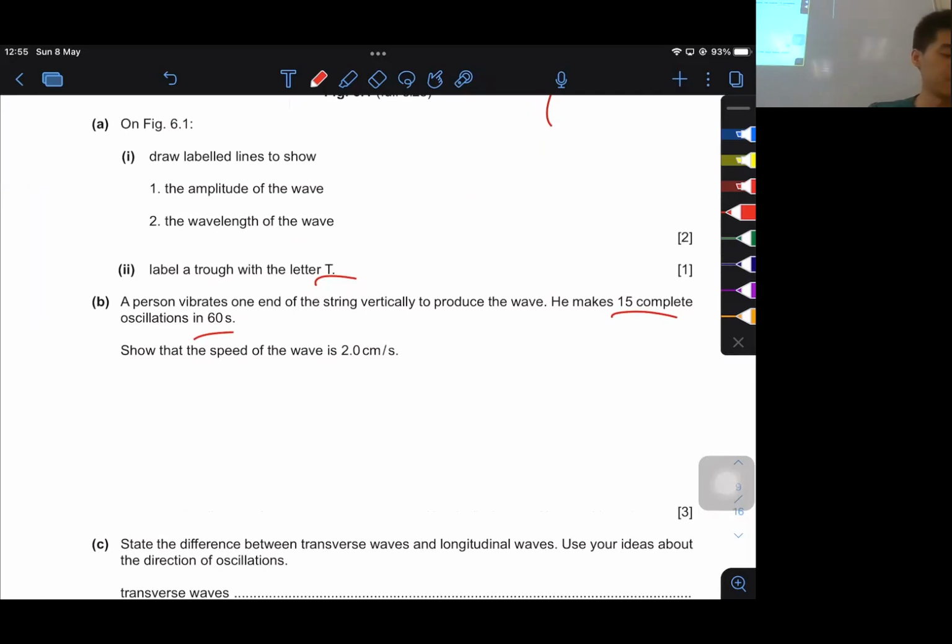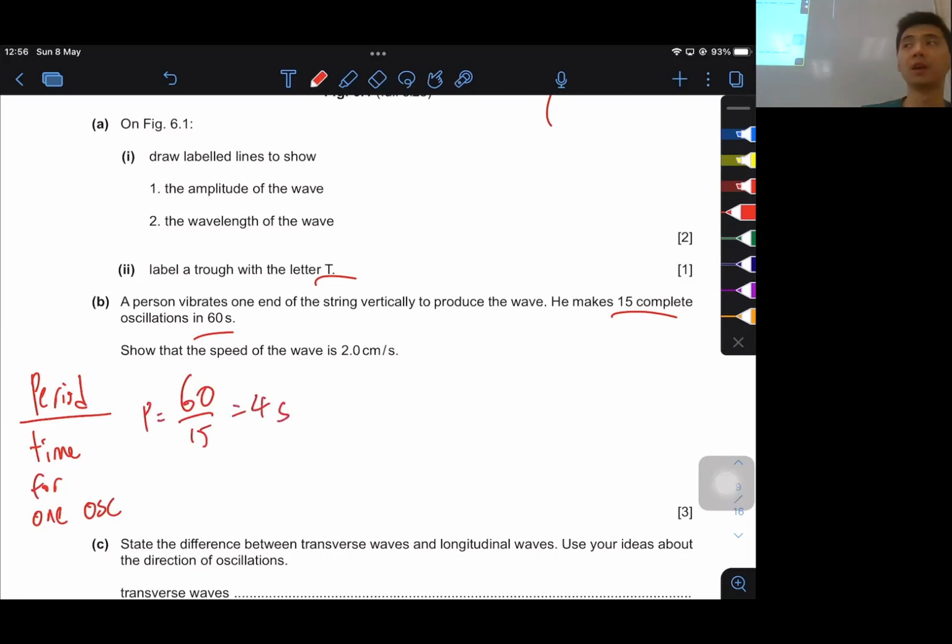By definition, guys, period is the time taken for one oscillation. If 60 seconds were 15 complete oscillations, then to find the period, it will be 60 divided by 15, which will give you 4 seconds.